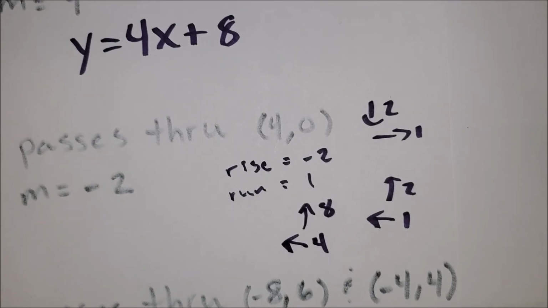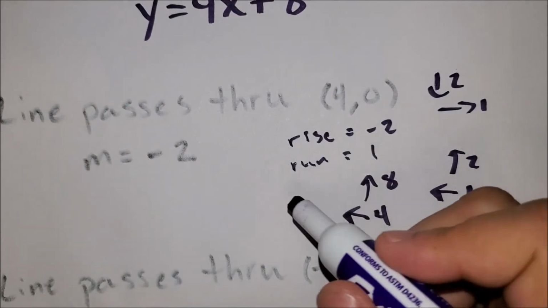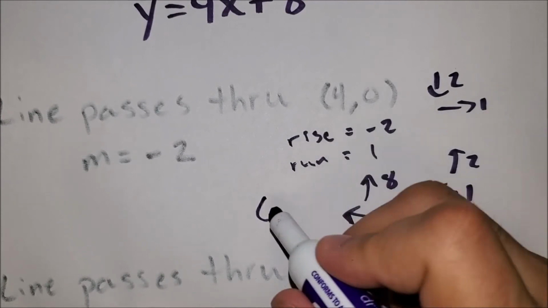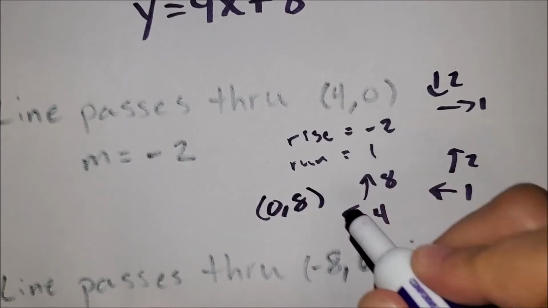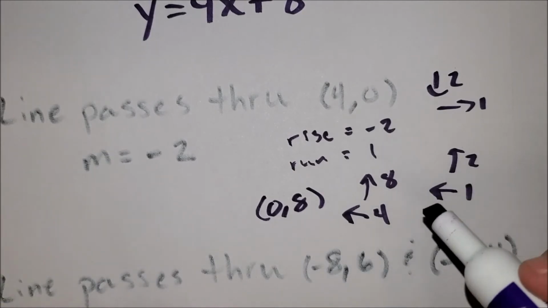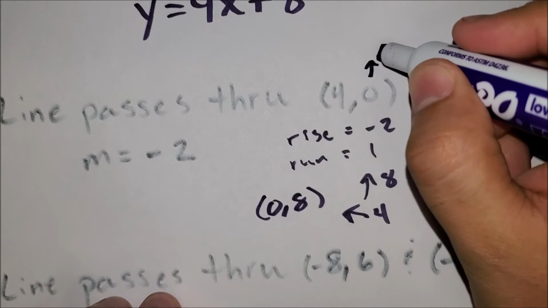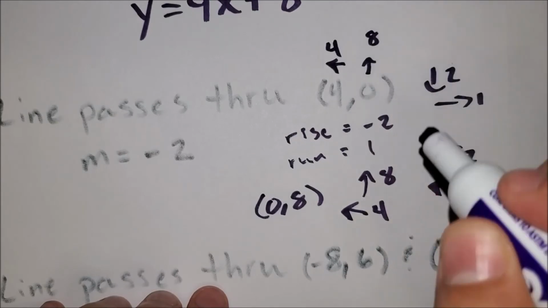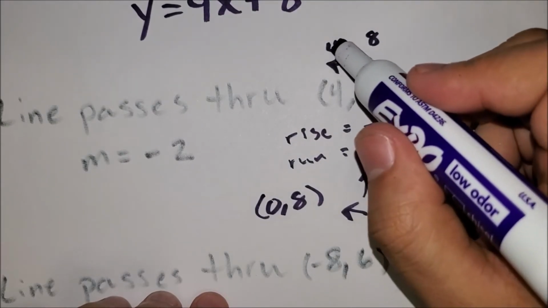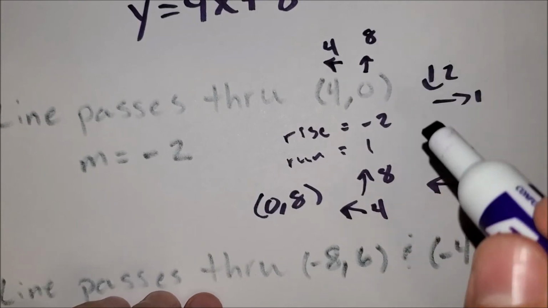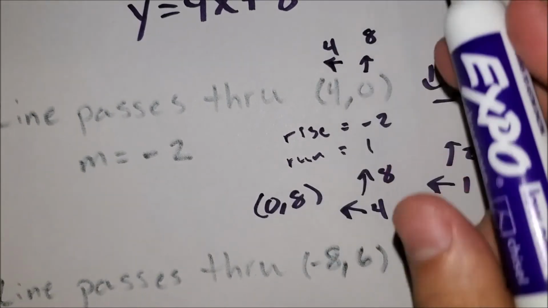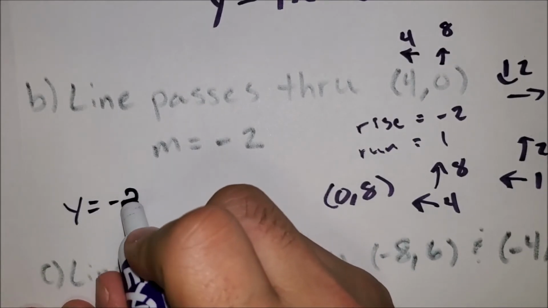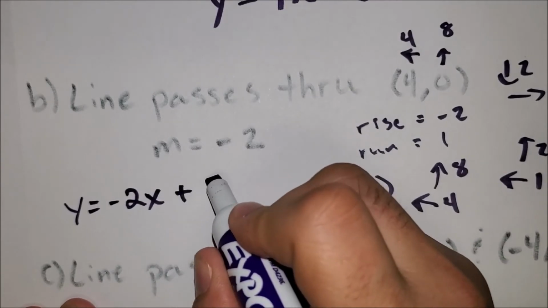So that tells us that our y-intercept should happen at (0, 8), because this went up 8, and this went back 4. So that becomes 4 minus 4, 0. 0 plus 8 is 8. So (0, 8). So now we can write our equation as y equals -2x plus 8.